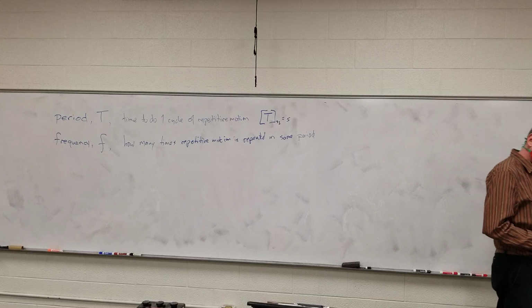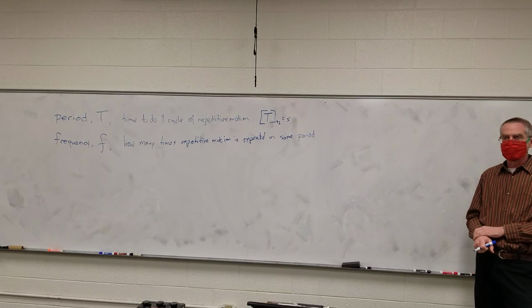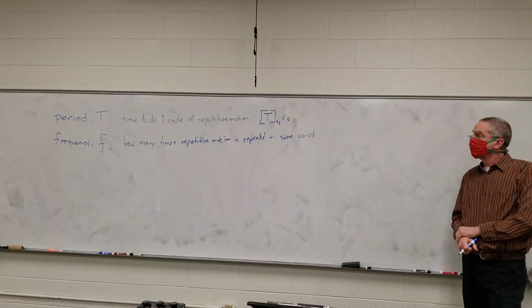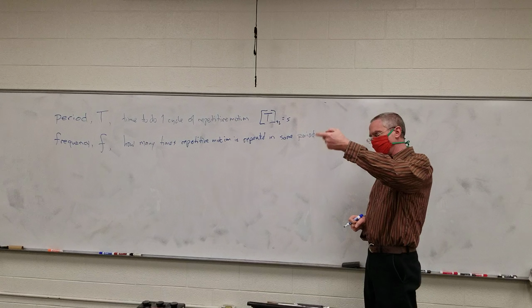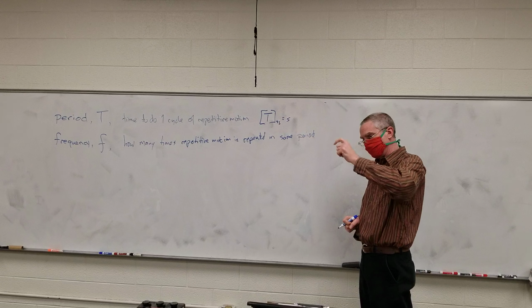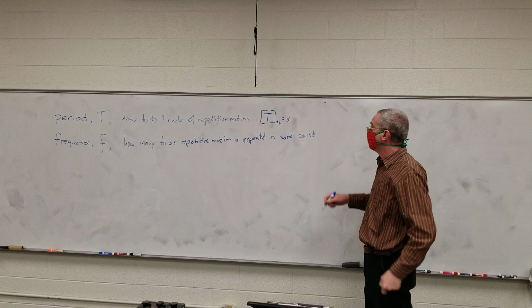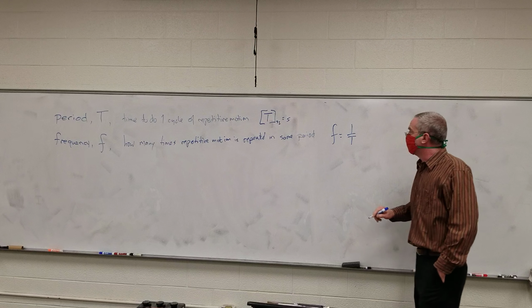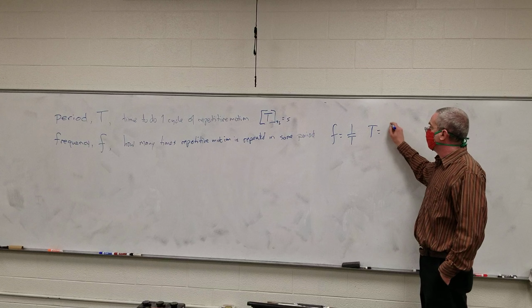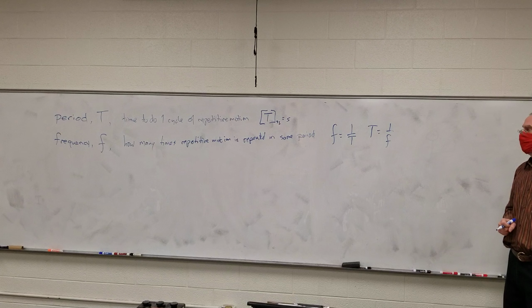If you are listening to an album, a record, that generally is in per minute. So period is the time per cycle, and frequency is the cycles per time. They're just flips of one another. So frequency is just 1 over the period, or period is 1 over the frequency. They are multiplicative inverses of each other.